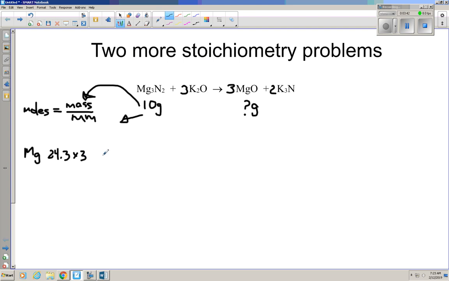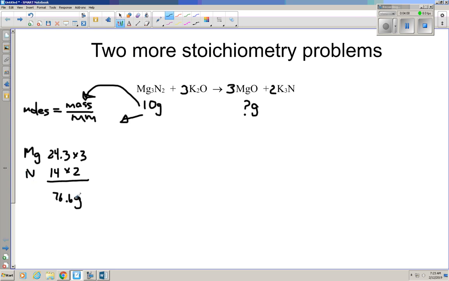Then I've got nitrogen, which has a mass of 14, and there's 2 of those. So I'm going to multiply and then add what I get together, and when we're all said and done, I get 76.6, and that is the number of grams in 1 mole of magnesium nitride.